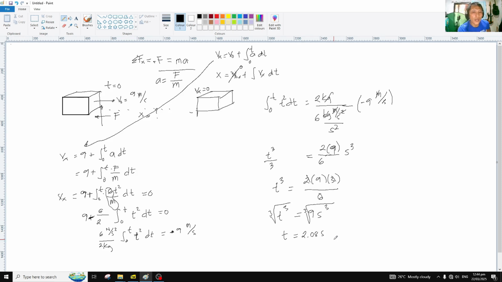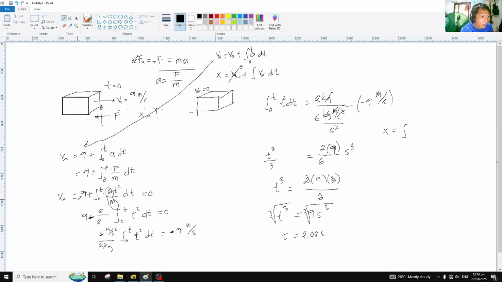Okay, so I already have the time. So basically, I could already solve for x by substituting it here. Therefore, your x is equal to the integral of your vx. Of course, we have to substitute it back for your vx. Where is our vx here? I think our vx is this side.